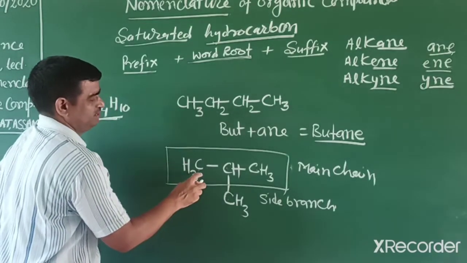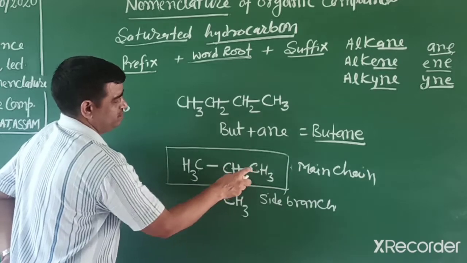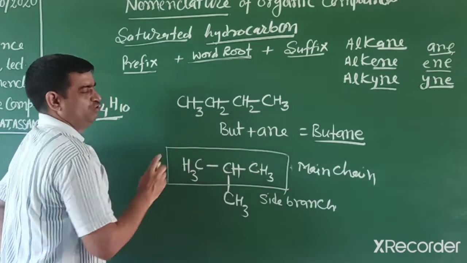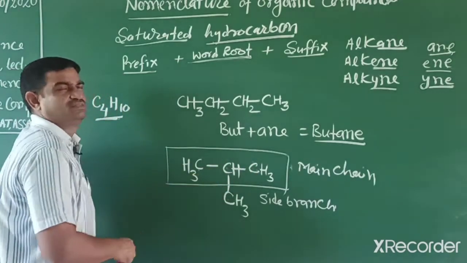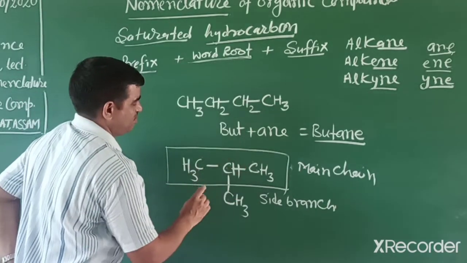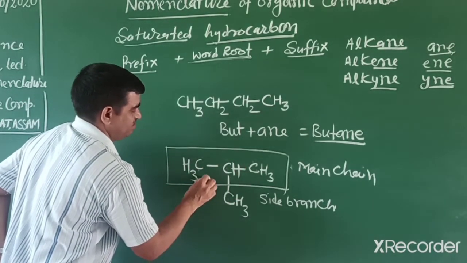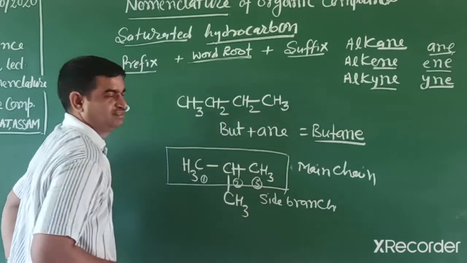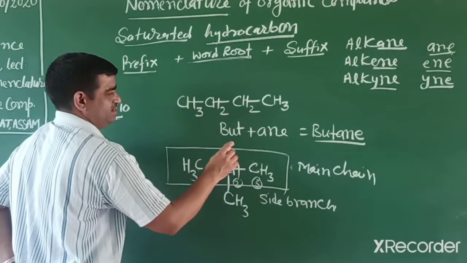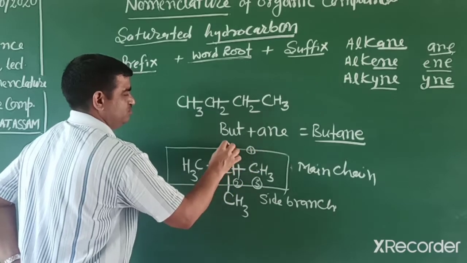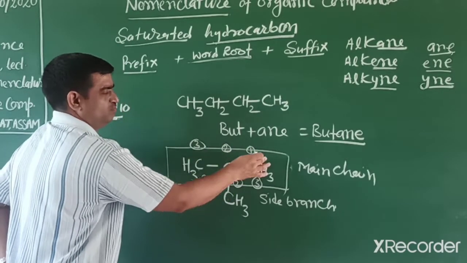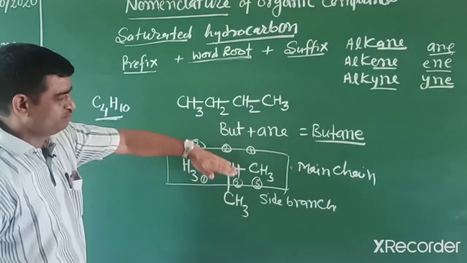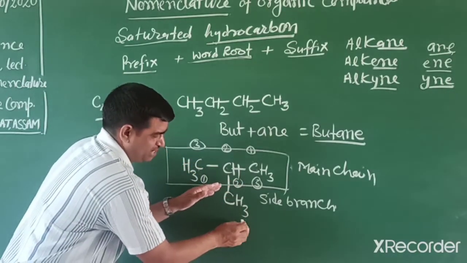If you start from this side 1, 2, 3 or 1, 2, 3, both sides get the same position. So in this compound, no problem, we can write here 1, 2, 3 like this, or you can start from inside 1, 2, 3. Both are the same.